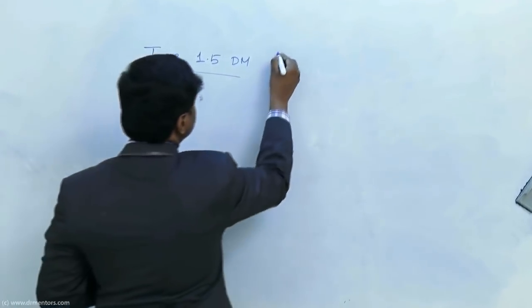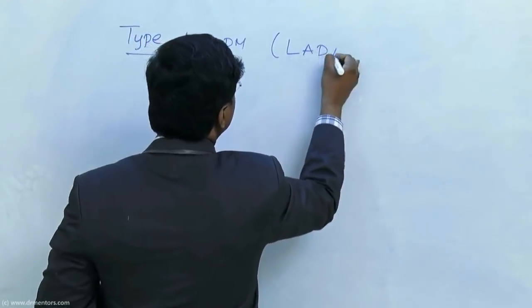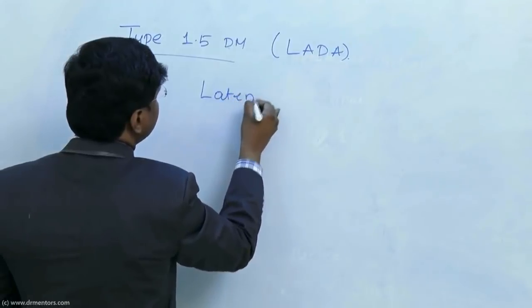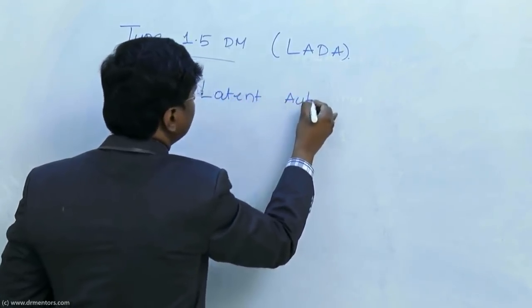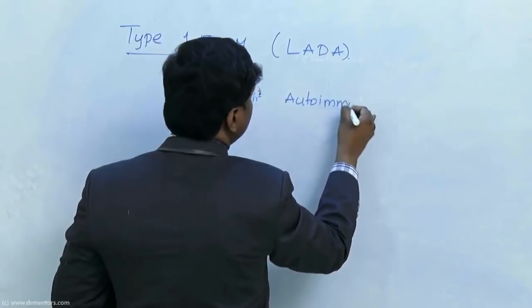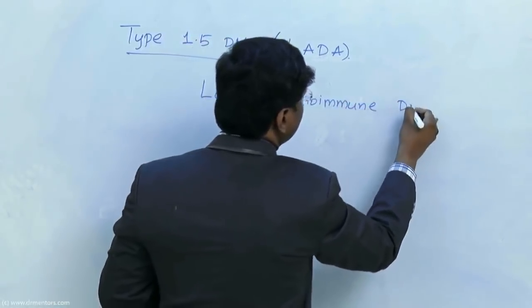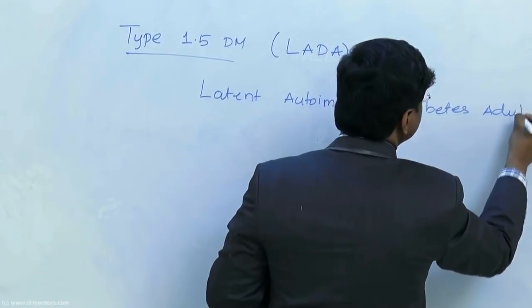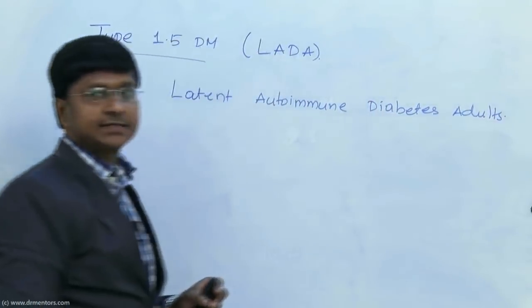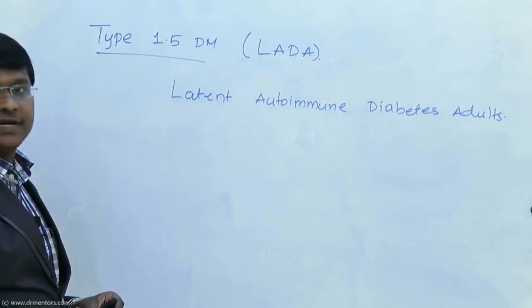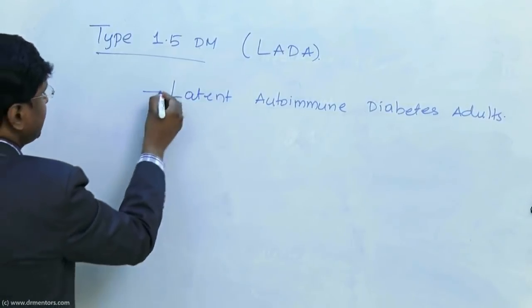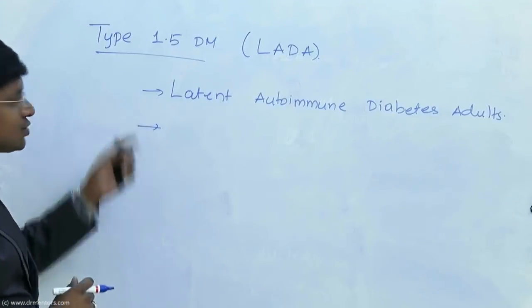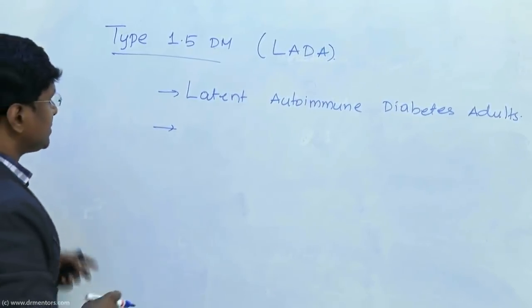This is LADA, that is latent autoimmune diabetes of adults. Now, what is this particular LADA? Why is it called 1.5 diabetes mellitus?